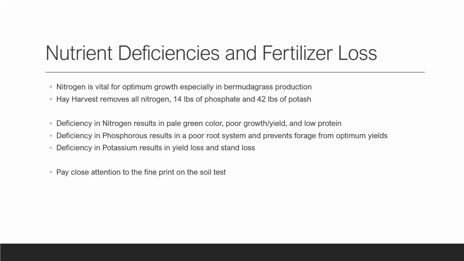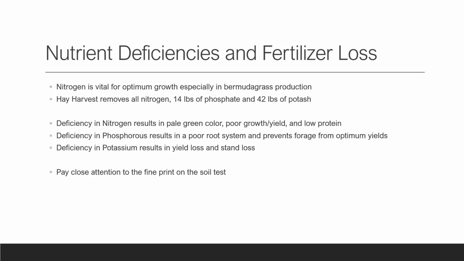So every time we take a cutting of hay away, let's just say you put down 60 pounds of nitrogen on this soil, you applied a rate of phosphate and you applied a rate of potash. Well, you took all of that nitrogen away. You took 14 pounds of that phosphate away, and you took 42 pounds of potash away just in that first hay cut.